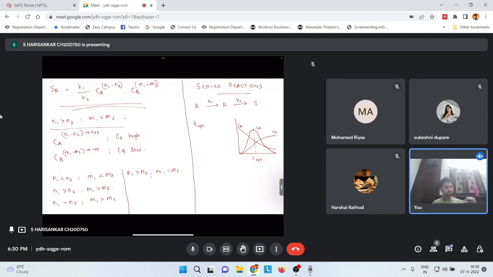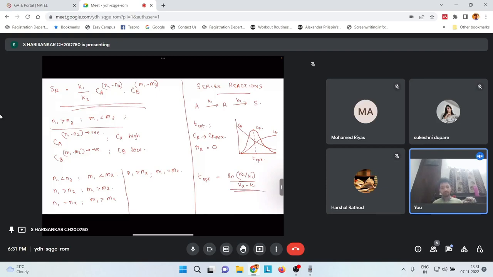So this is T optimum, and at T optimum CR will be CR max, and since the concentration of R is maximum at T optimum, the rate of R will be 0 at T optimum. Okay, and we have also learned equations for T optimum. So T optimum is equal to ln(K2 by K1) by (K2 minus K1), right?